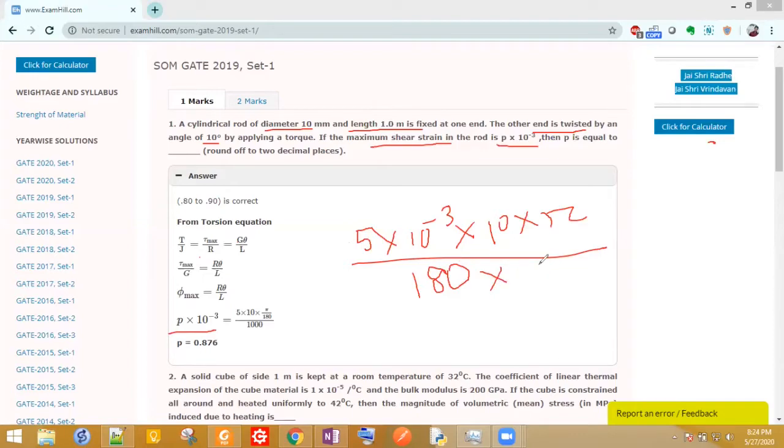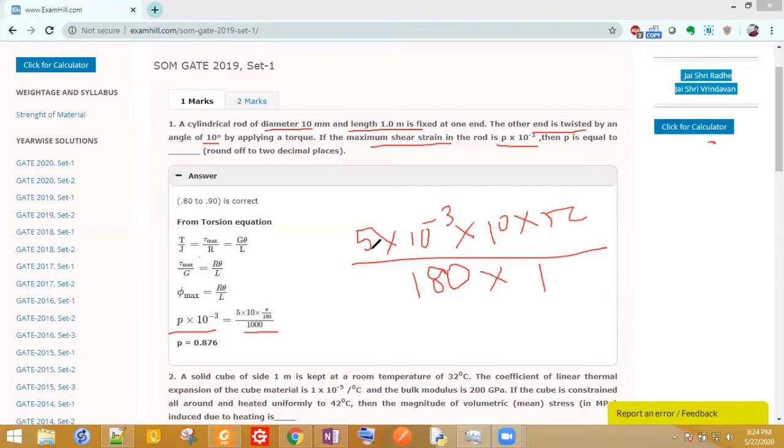We are considering meter; here they have considered mm. The mm on top and mm on bottom cancel, and you will have no dimension, because radian is an angle. If you bring this 10 to the power here, you will get 1000. It's one and the same thing.